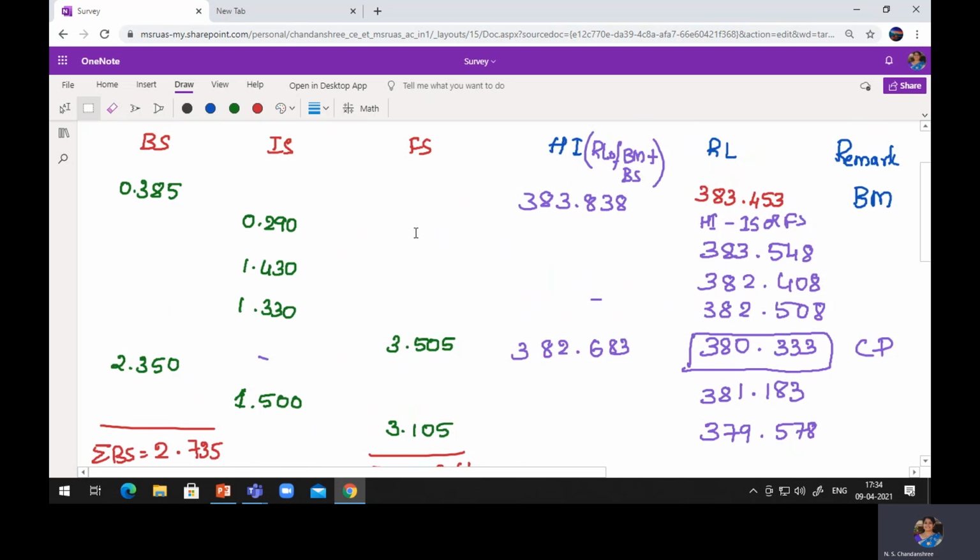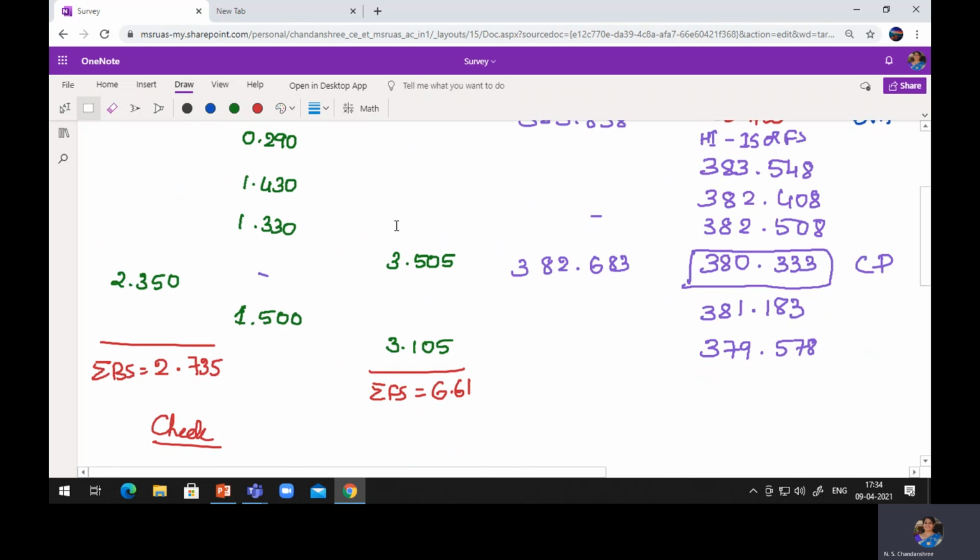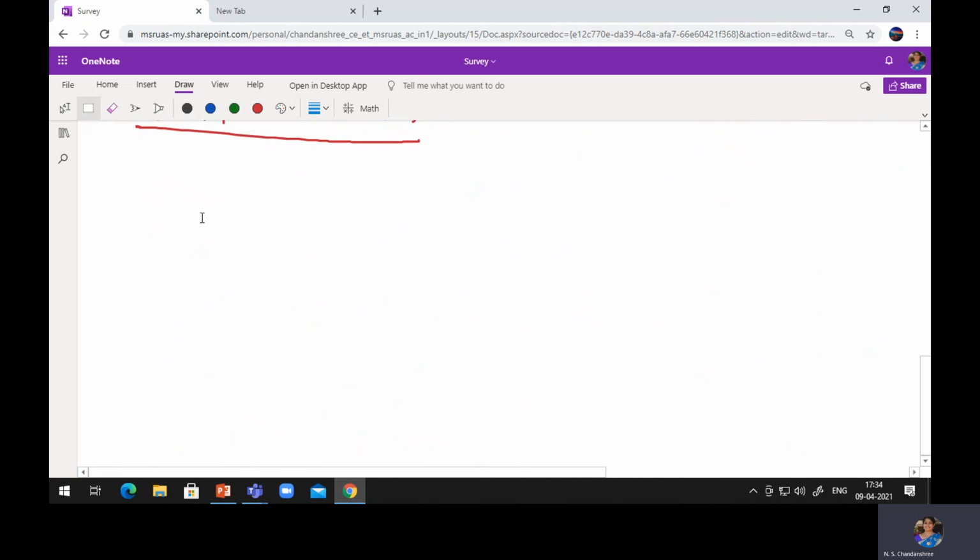Okay, we'll write down these values: backside, intermediate side and foresight.